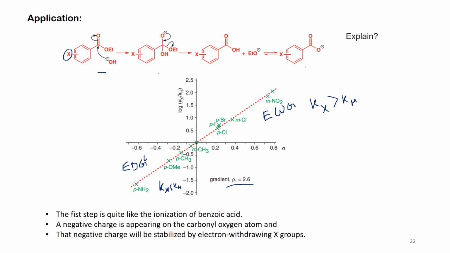This is the mathematical concept. If we look into the electronic concept, what is the reason for that? Suppose this is our intermediate or product, suppose there is an NO2 group, that is the electron withdrawing group.